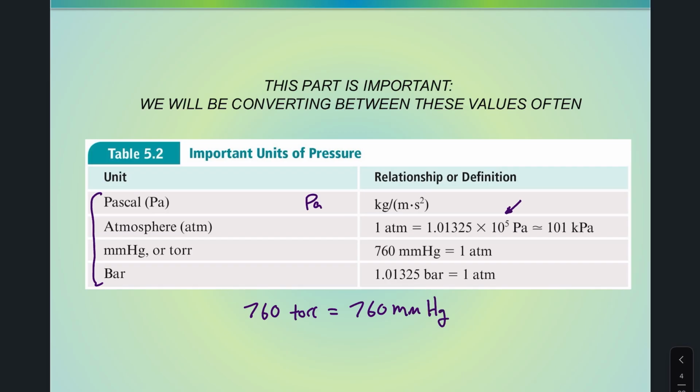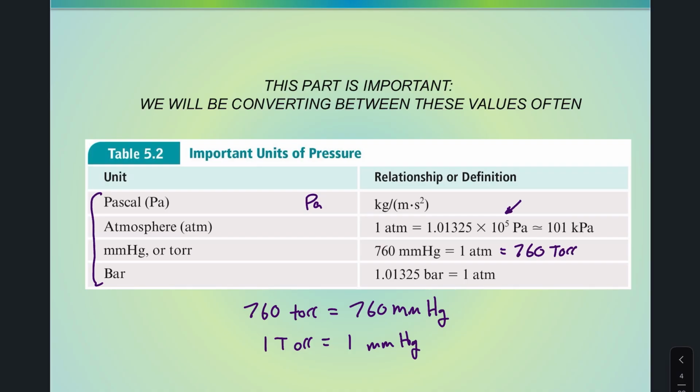Those are the same thing. And same as if you had 1 torr, it would be 1 millimeter of mercury. So they're on the same scale and they have the same units. So I'll say that that is also equal to 760 torr.